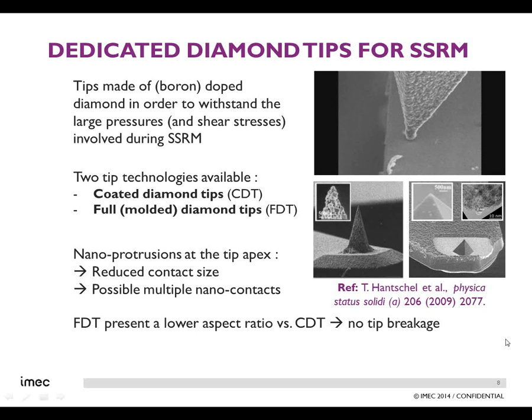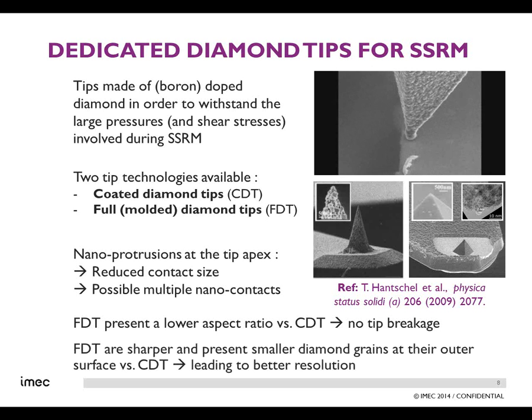What's happening if you come close to an edge, you go slightly over it, is that you break your tip, what you don't want to do, of course. So that's the first reason why we use these full diamond tips. They are lower aspect ratio, so they do not suffer from the same kind of breakage. The second one is that, it was mentioned already, they are sharper at the tip apex.